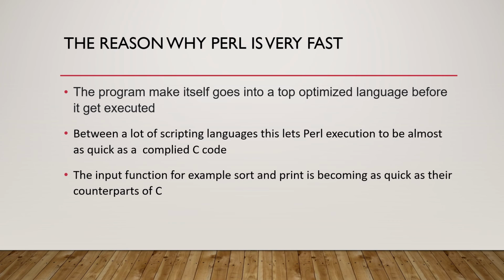Why is Perl very fast? The reason why Perl is very fast is because Perl compiles itself into excessively optimized dialects, sometimes before execution, compared to the numerous scripting dialects.